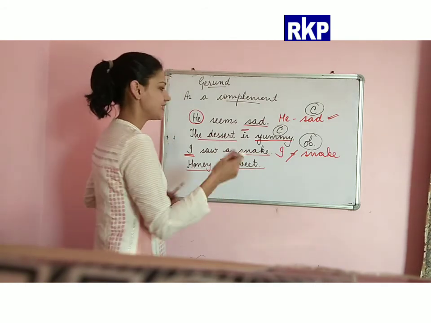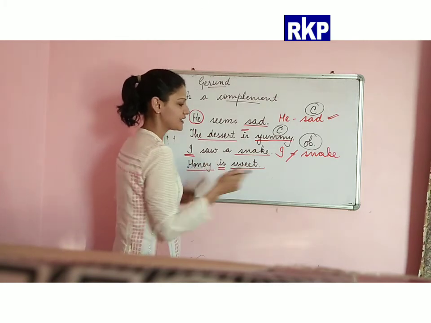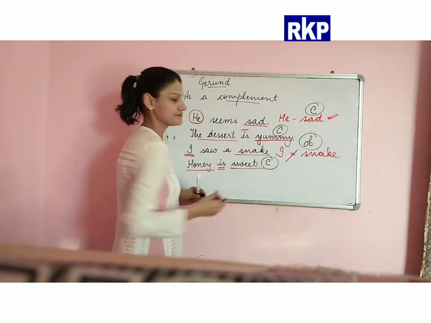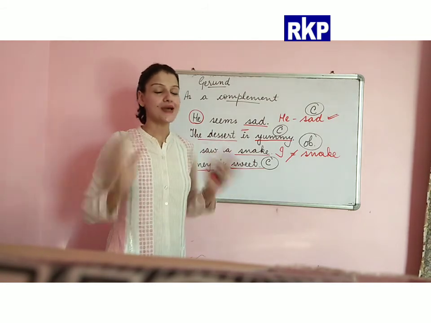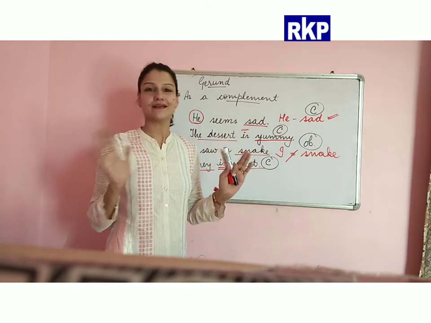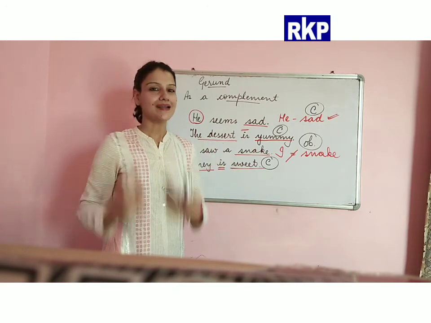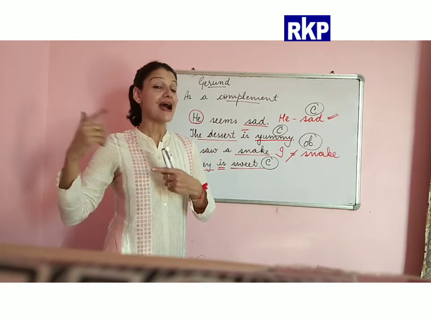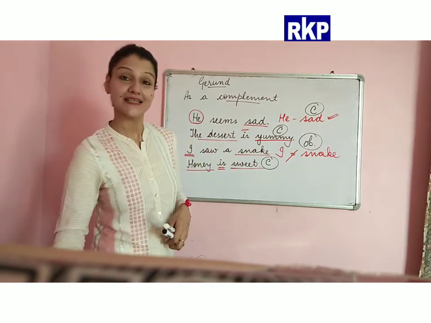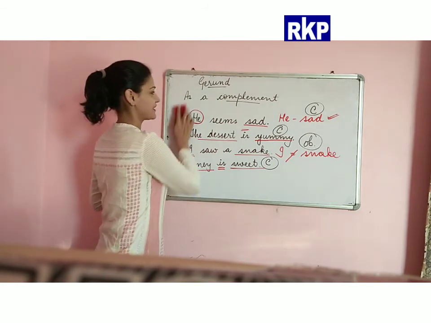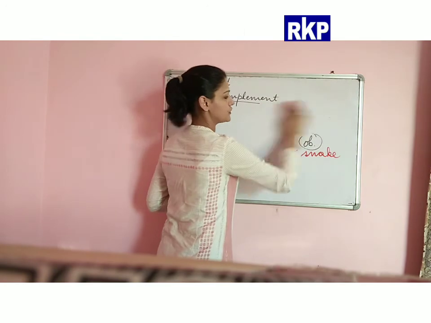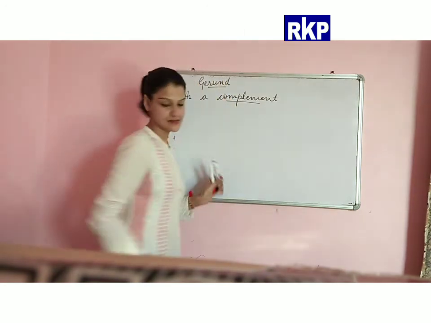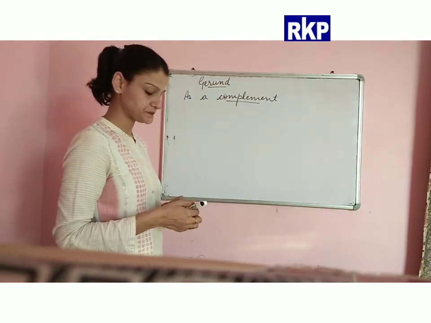That means it is our complement. I hope you have understood this well, to get clarity about an object and a subject complement in the sentence. Alright, now we'll make a few sentences in which we use gerund as the complement.